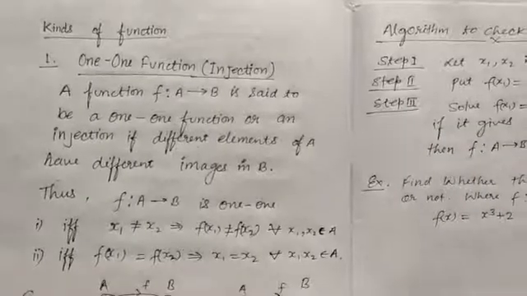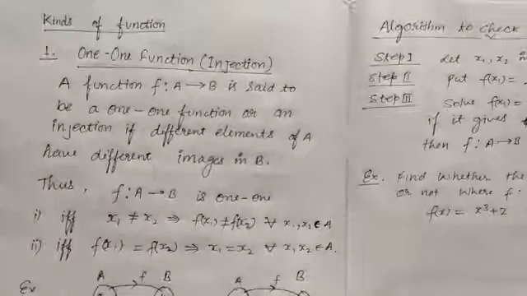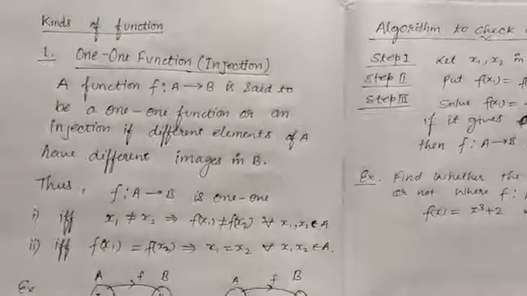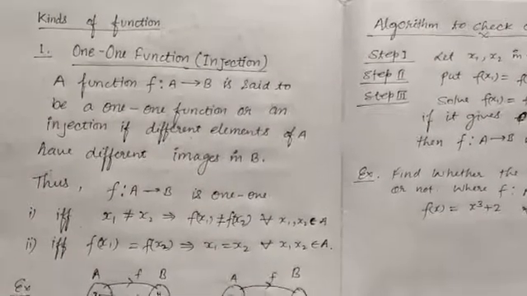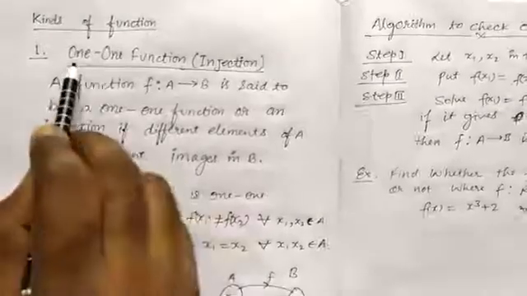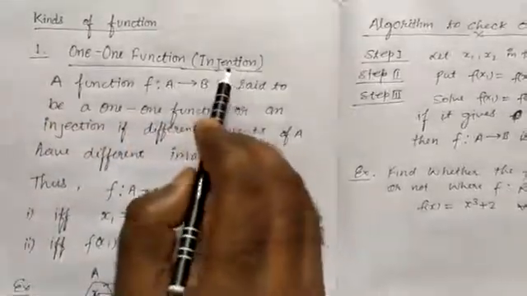Now students, after the definition of a function, the next topic is kinds of functions. We have different types of functions. The first type is called a one-one function or injection.